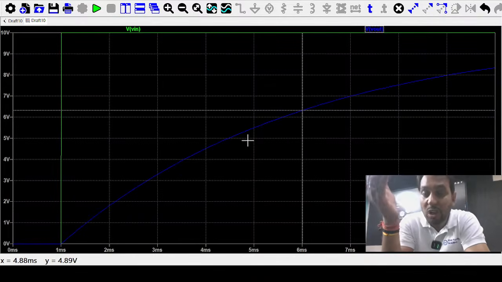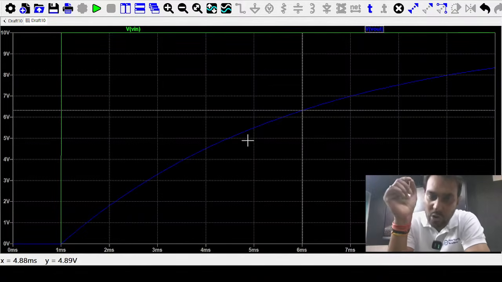So if you solve the question with the RC, you will not predict the exact value or the exact output. It is okay as an approximation, but it is not perfect, because this is a non-linear graph.